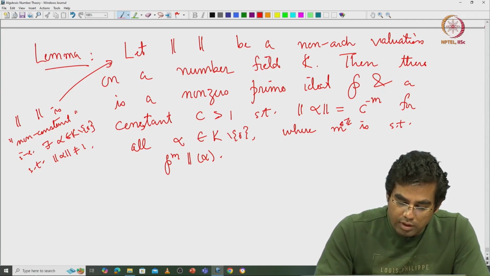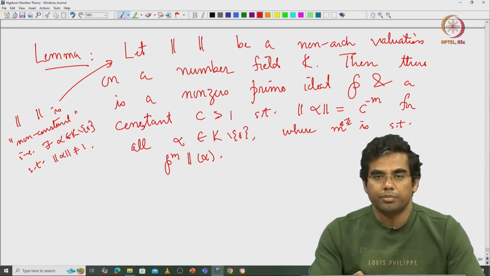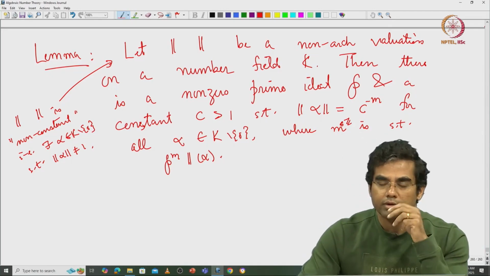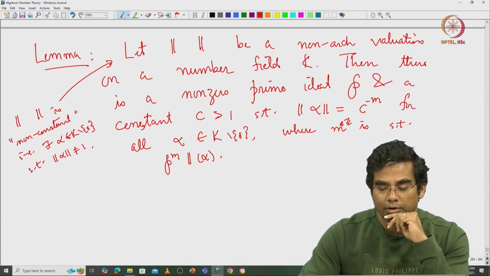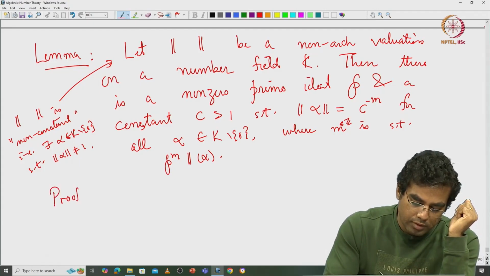Yes, so one difficulty is how do we go about finding the prime ideal? All we are given is a valuation on a number field, right. There is no mention of a prime ideal.